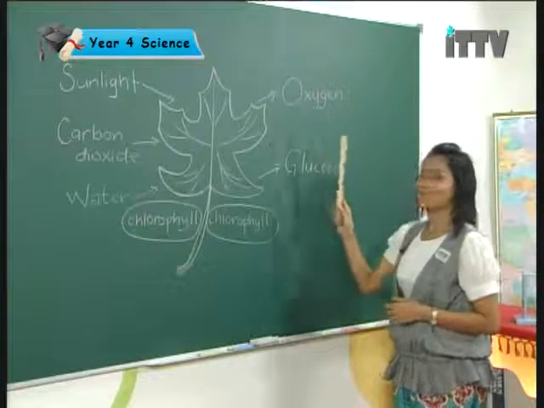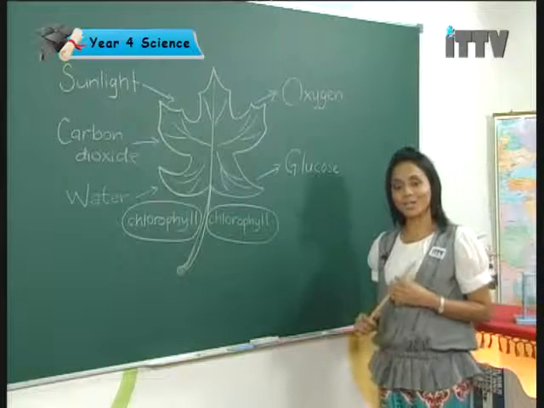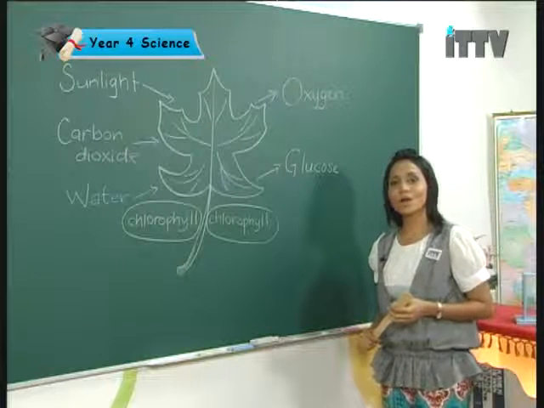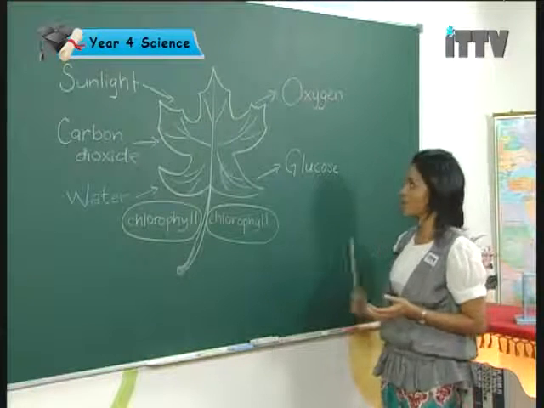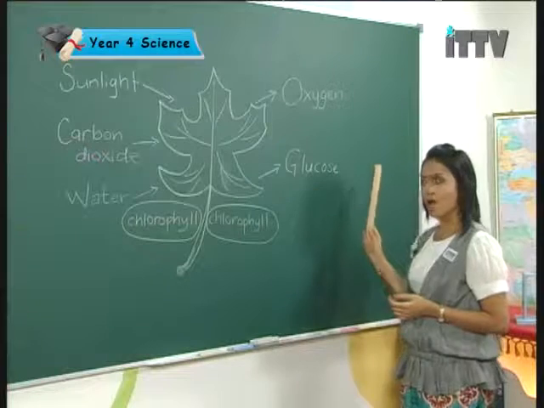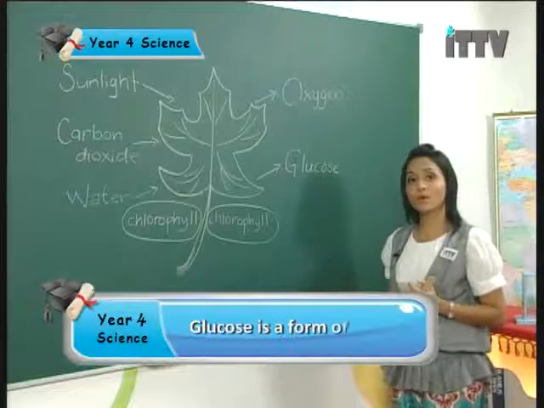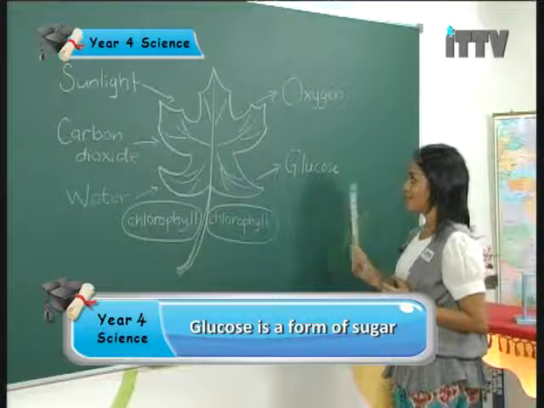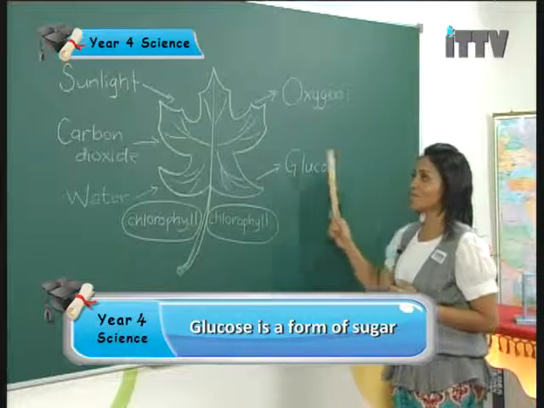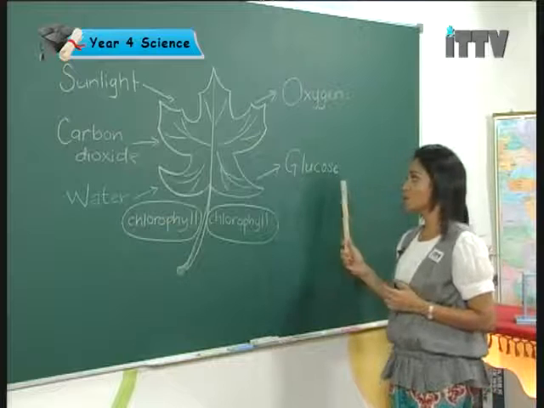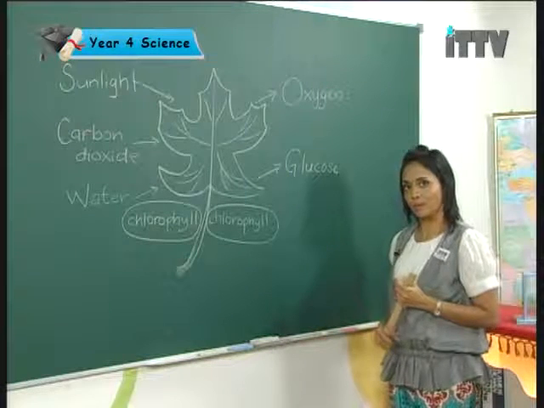This oxygen in the air is used by us humans for the process of respiration. What is glucose? I'm sure you've heard of this word a lot. Well, glucose is a form of sugar, and this sugar is used by the plant. Glucose is the food for the plant.